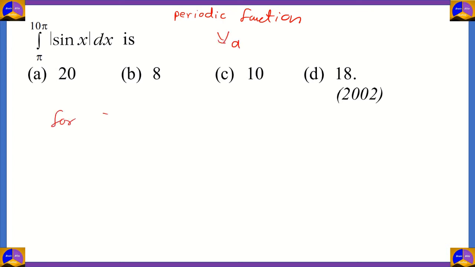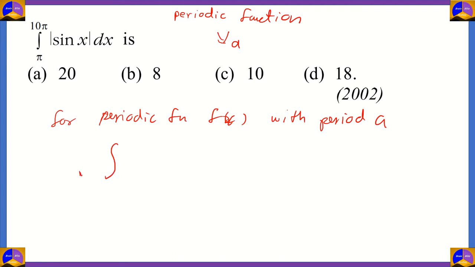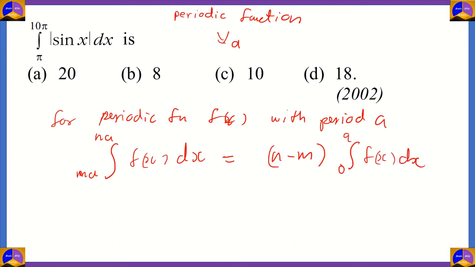So for a periodic function f of x with period a, the integral from m a to n a of f of x dx can be written as n minus m times the integral from 0 to a of f of x dx.